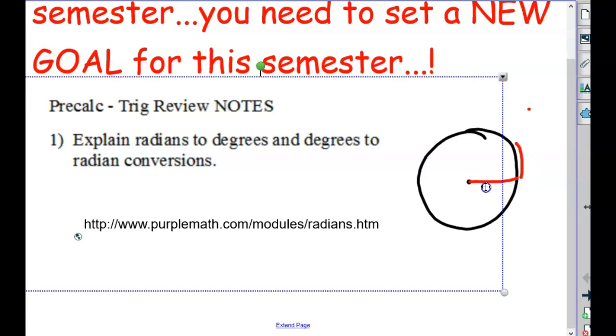Everybody with me? This length is equivalent to this length. Does that look about right? Maybe? Okay. That would be a radian. The amount of turn that was in here would be 1 radian. Okay? So it's 1 radius is what it is in arc length.